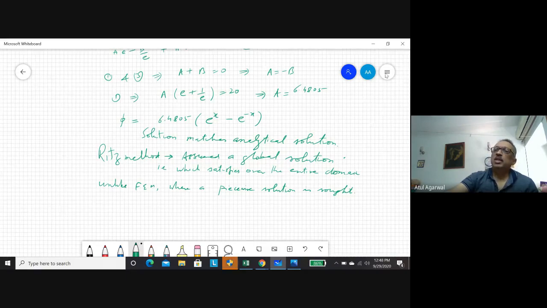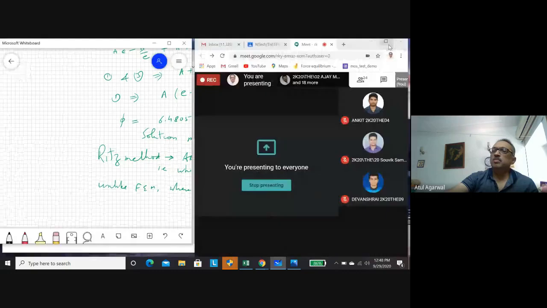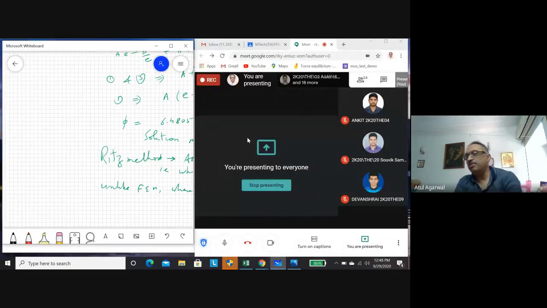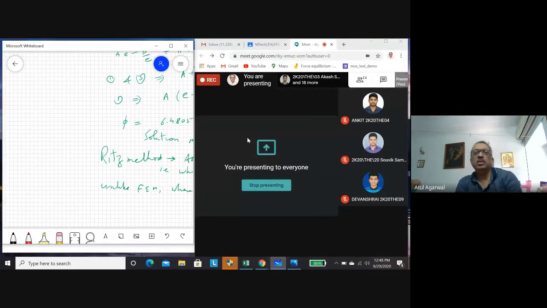So we have got an exact solution using the Ritz method, something that is satisfying exactly, because we chose our approximate solution from the terms of the exact solution. Then this could give you the correct constants involved. Okay.